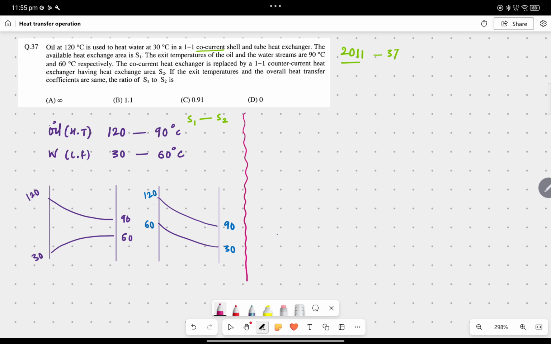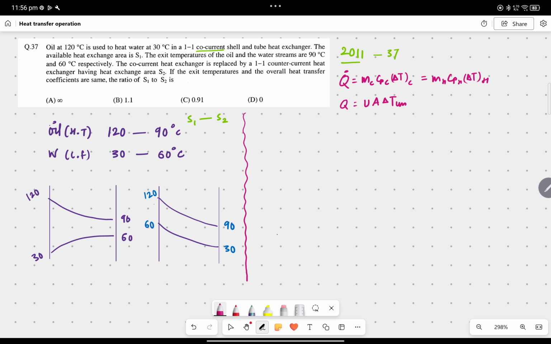So first of all, let's write the formula. What we know is Q is equal to m cold Cp cold delta T cold, which is equal to m hot Cp hot delta T hot, that we can write, and also Q is equal to UA delta T LM, the logarithmic mean.